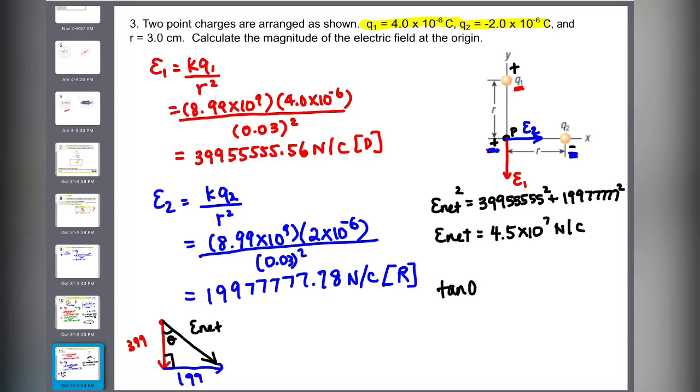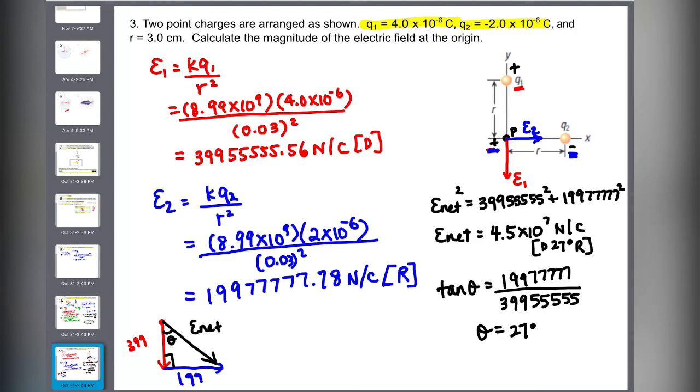And to figure out the angle, I use tangent, opposite divided by the adjacent. It's 27. So that means the direction of the field is down 27 degrees to the right.